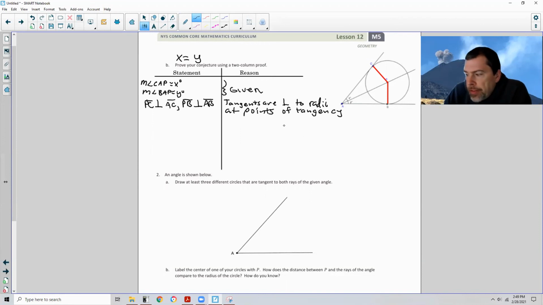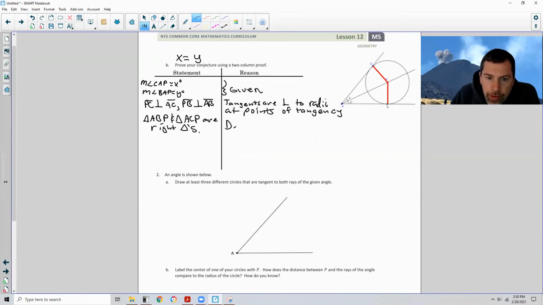Okay, and then we're going to say that triangle ABP and triangle ACP are right triangles. And that's just simply the definition of a right triangle.